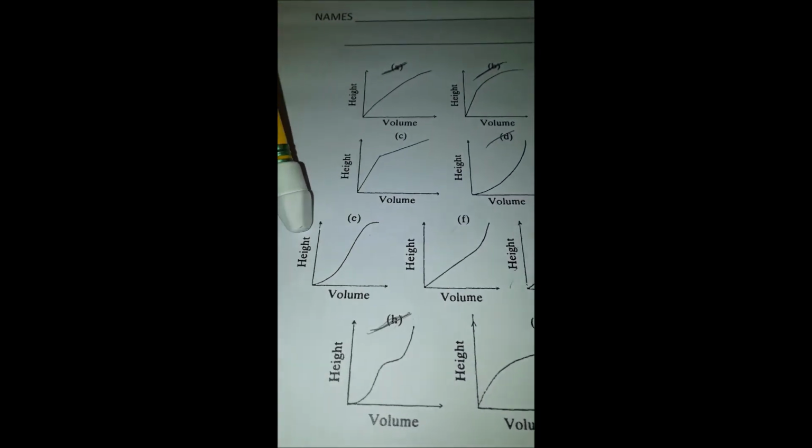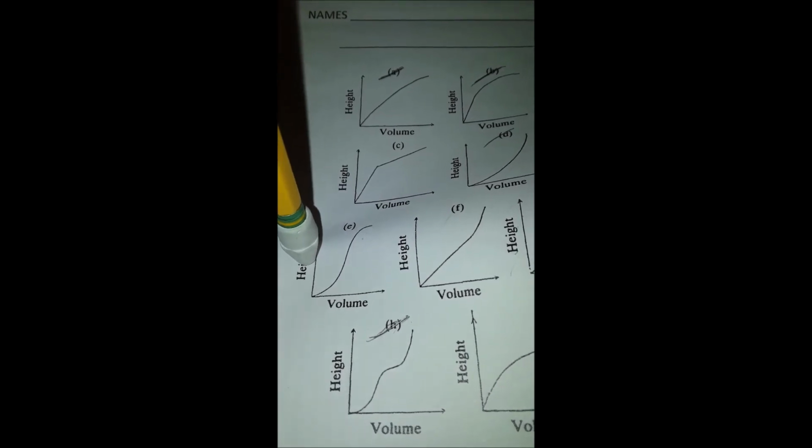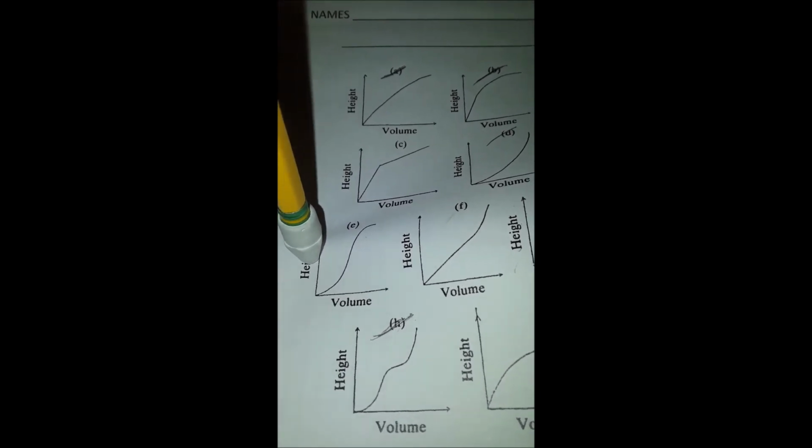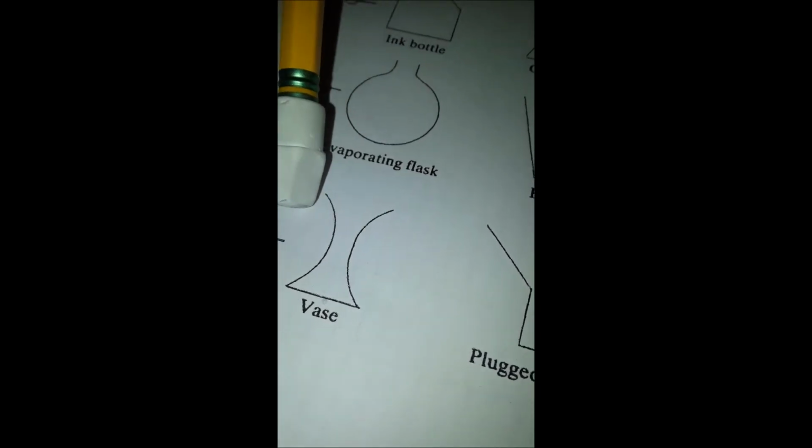And the vase, we graphed it with letter E because as you fill the flask, it's wide at the bottom, and as you start filling it, it'll start getting narrow in the very midsection of the vase. And then as you fill it up more, it'll start to get wide again.